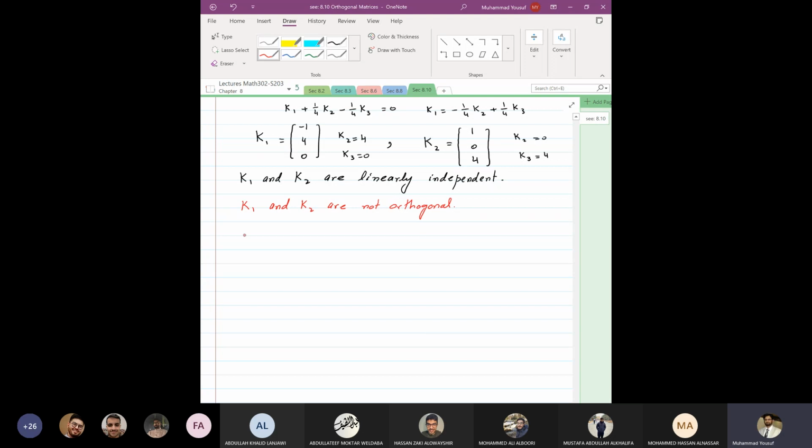And the process we are using is called the Gram-Schmidt orthogonalization process.